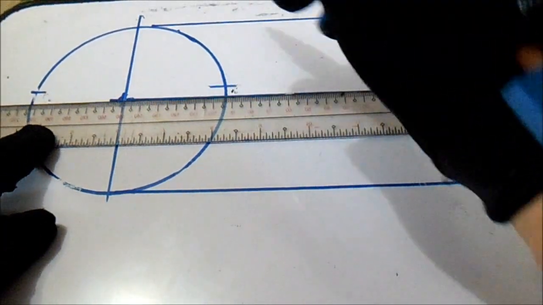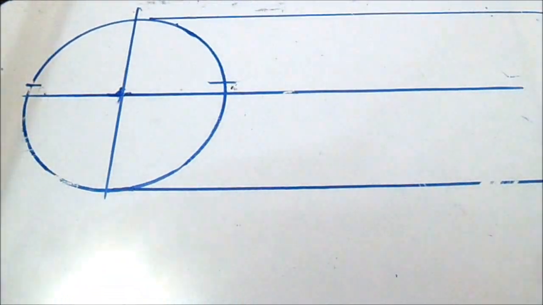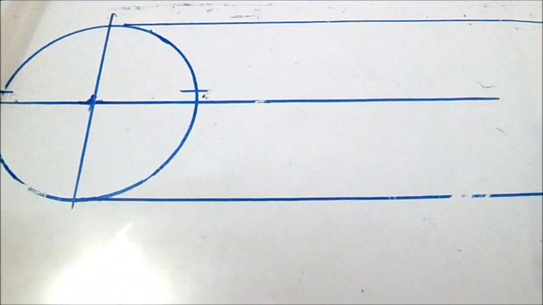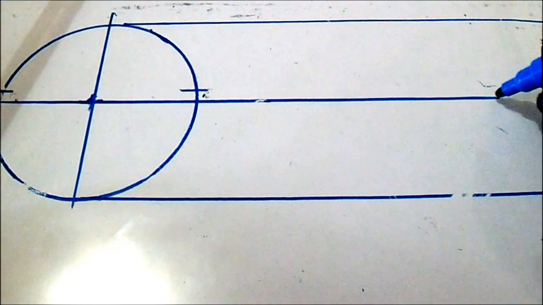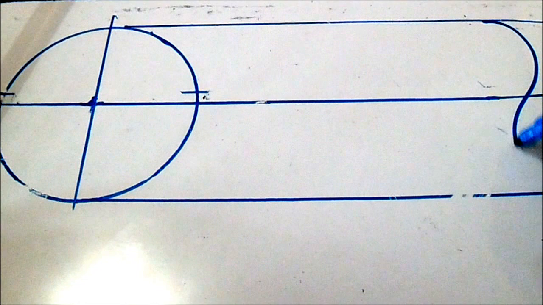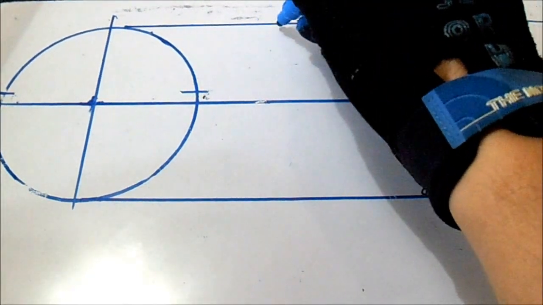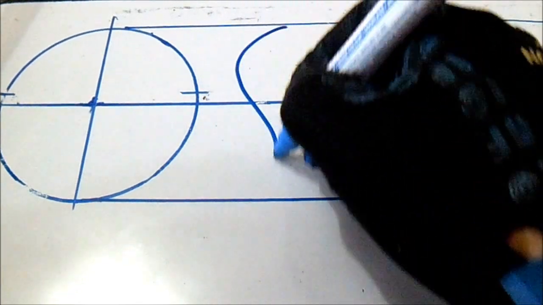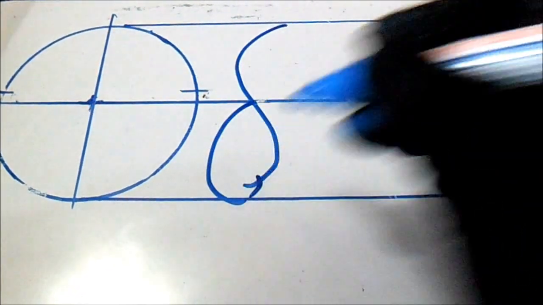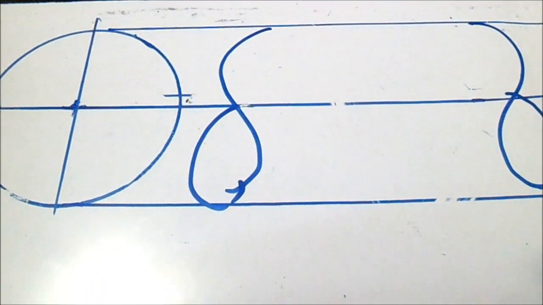So this is the center line of the circle, and this is a pipe. So this is the miter cut.